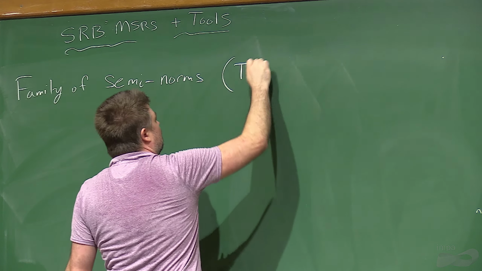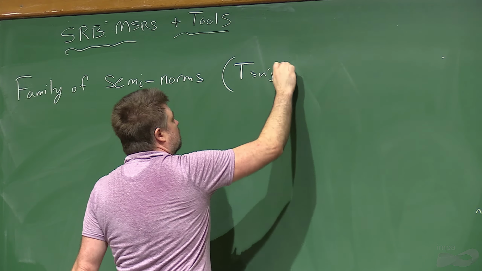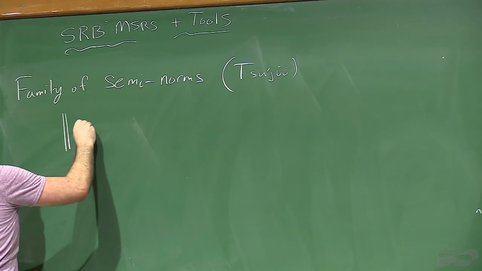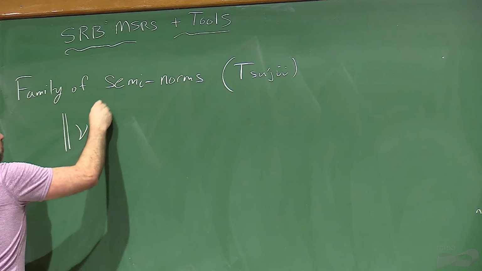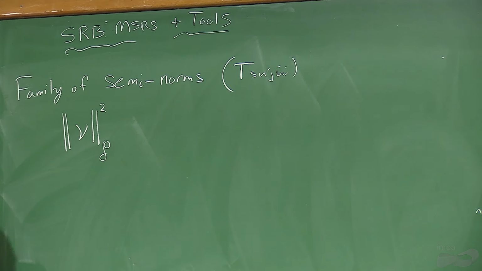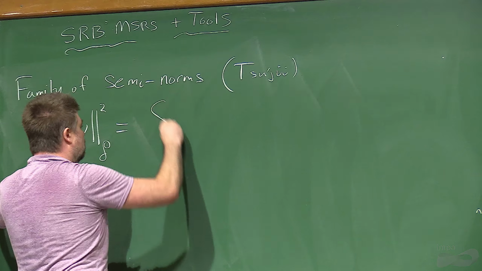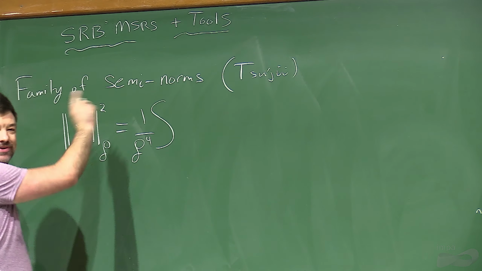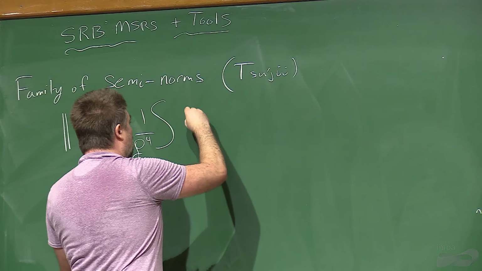Semi-norms from Sudji, and we'll write the norm of a measure squared with respect to rho, so there's some radius, and this is going to be the integral of 1 over rho to the 4th. You can put the pi if you want, but I don't care about constants.